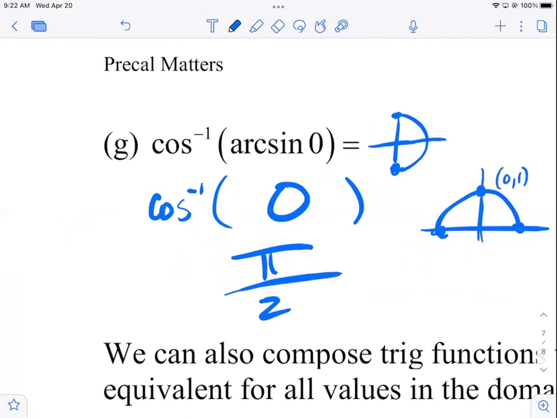Your name, thank you for telling us it's pi halves because, yeah, cosine of pi halves is 0. Thanks, your name. How do you spell your name? Is it your name or your name? Good.